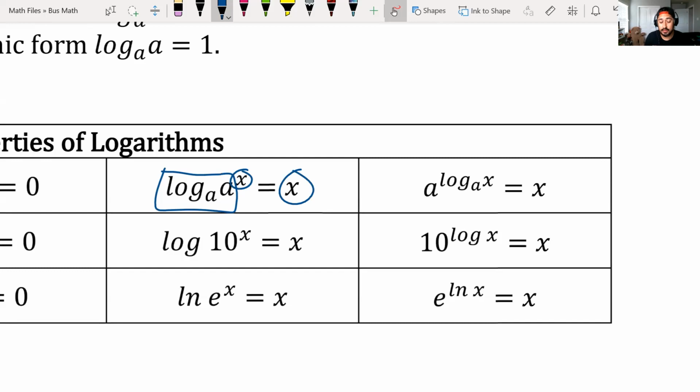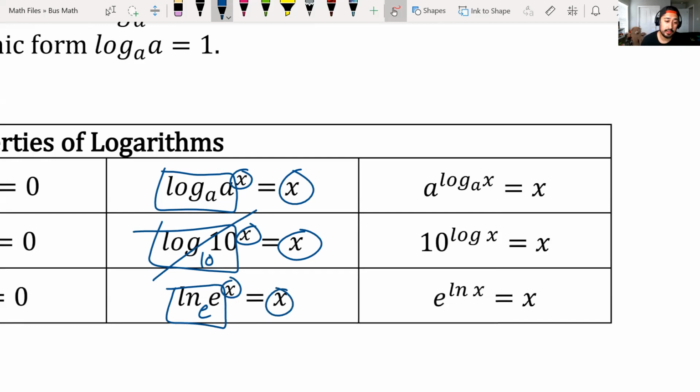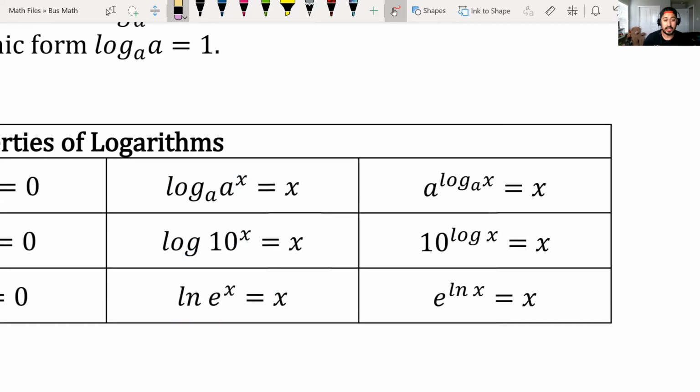Simple as it gets. Here, log base 10 of 10 to the x, this log cancels and leaves you with x. Same thing here, natural log base e of e raised to the x, this log cancels and again leaves you with that exponent. So that's it for that.